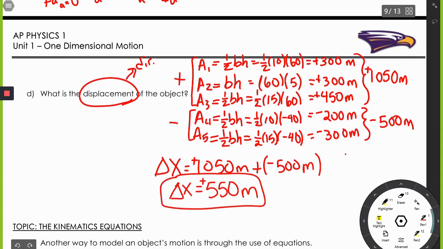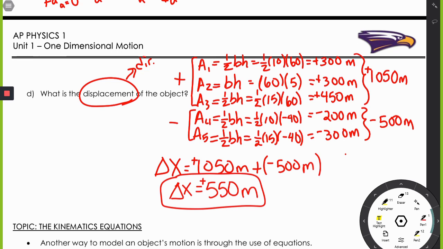Okay, so that is the displacement of the object. It goes up to 1,050 meters, but then it comes back 500 meters, so that's why it's negative 500. But starting from its initial position, it displaced itself 550 meters.